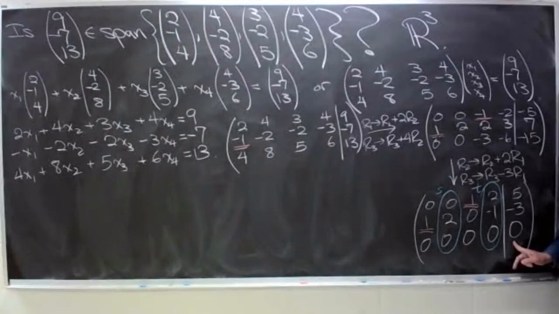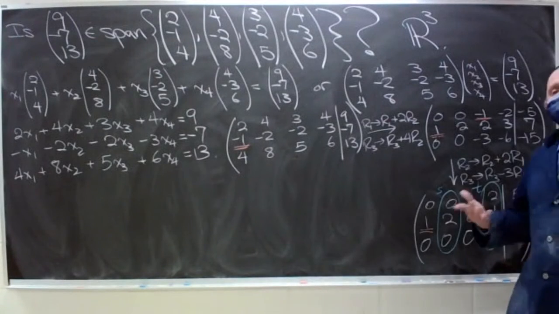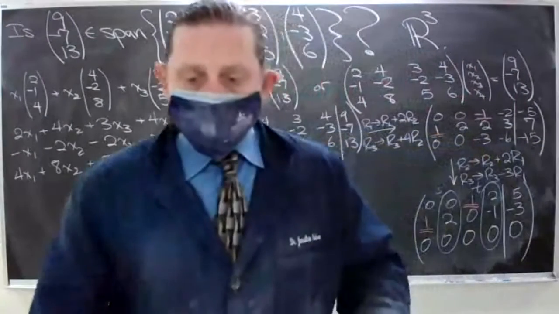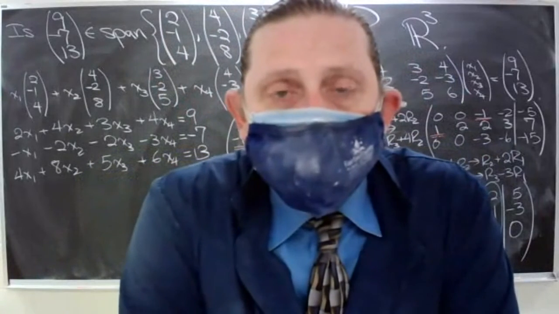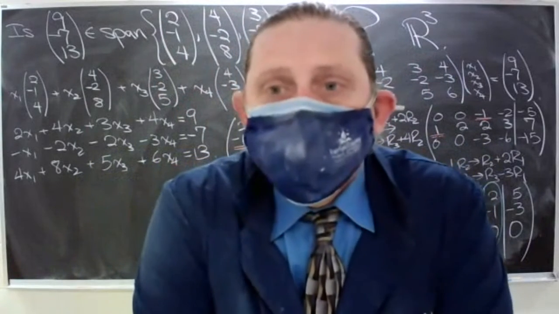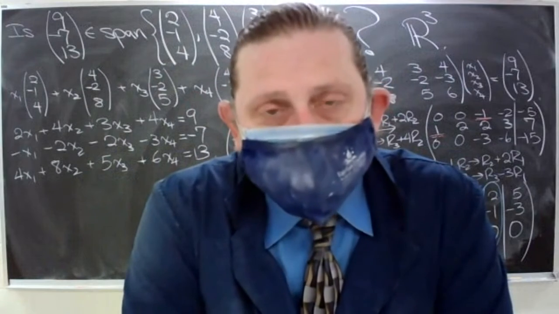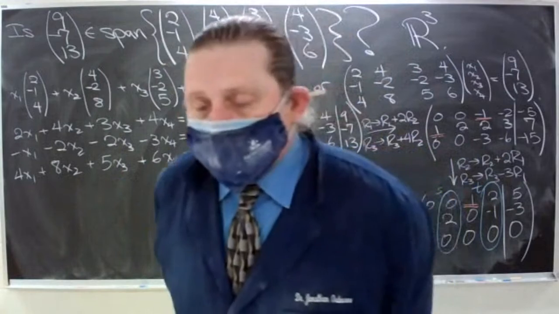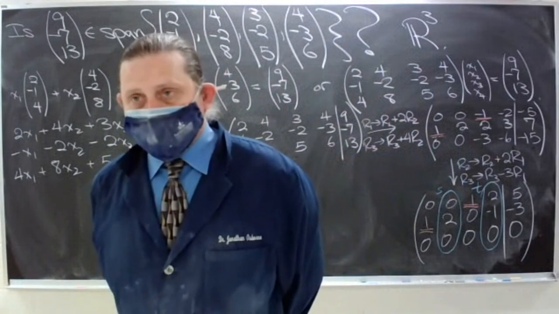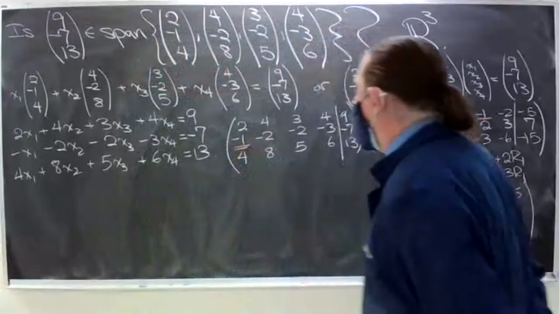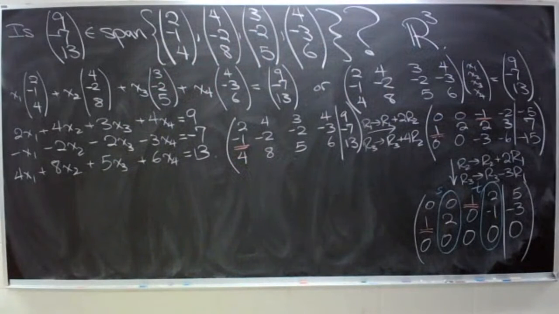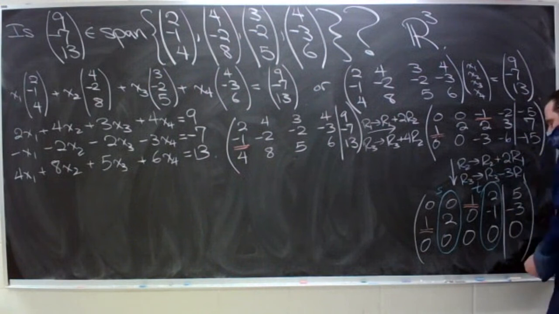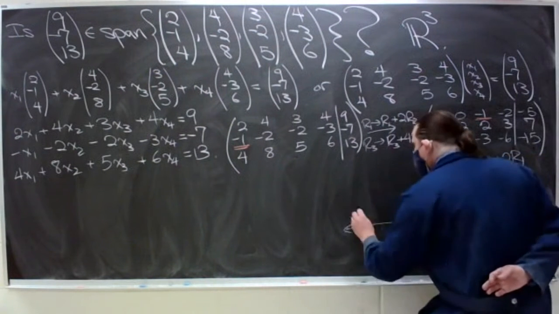But this number would not have been 0. And that would mean that our third equation would be invalid. Okay? So, a row that lacks a pivot implies that there could be no solution at all to the system. Okay? All right, now let's go ahead and write out our most general solution.